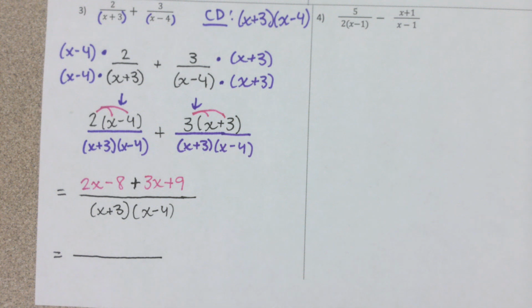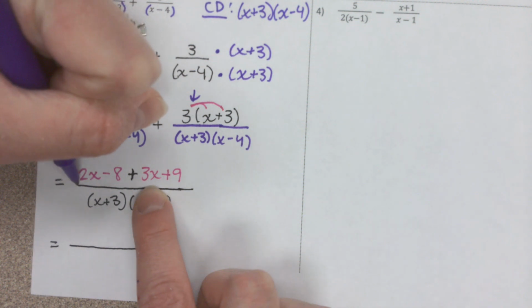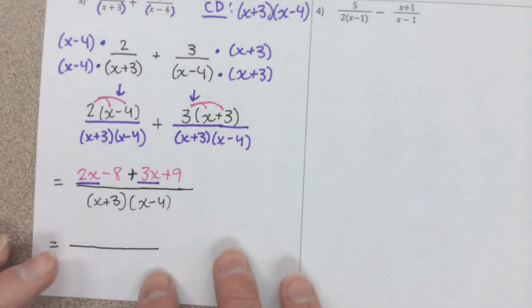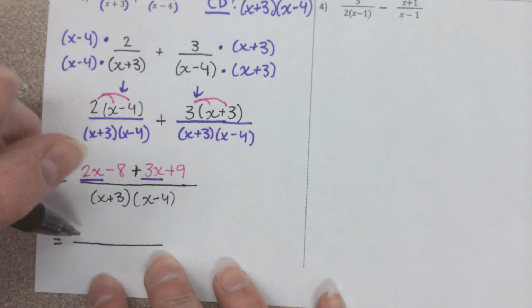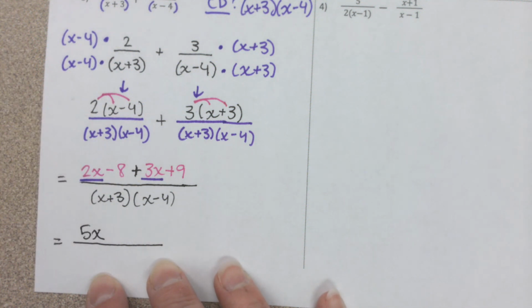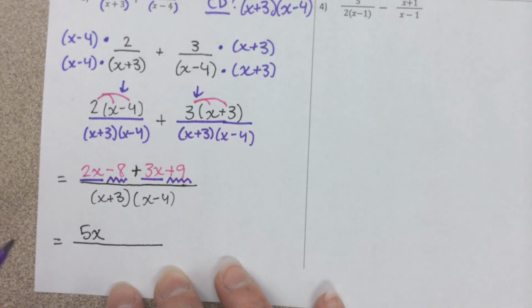We do have some like terms here. I hope you see them. We have a pair here with the x's. We can add those. They have x on them. 2x and 3x, they're both positive, so we'll just add. That's going to give me 5x. And then I have minus 8 plus 9.